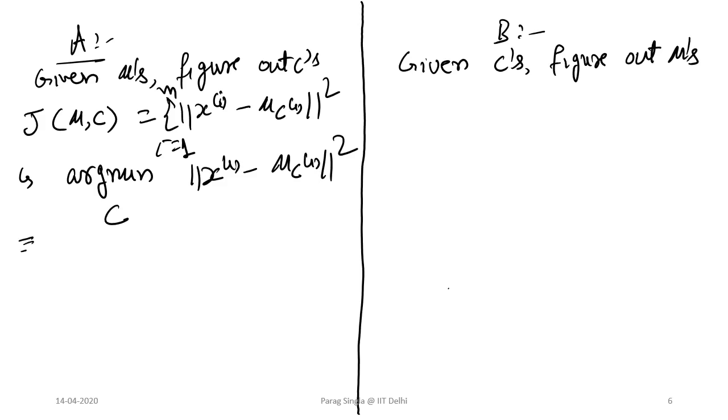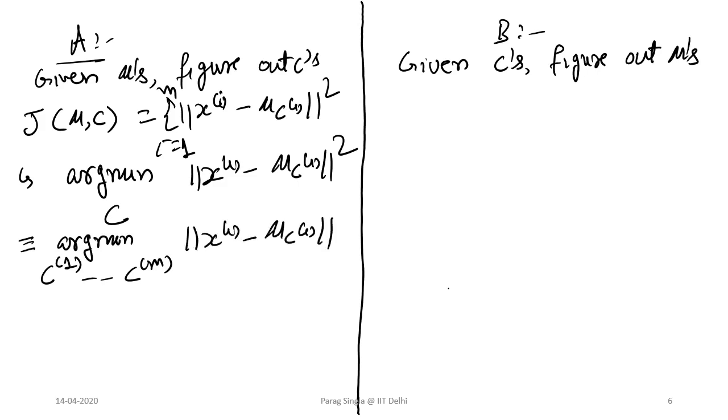This is equivalent to argmin over c1 up to cm of xi minus mu ci whole square, and there is a sum here all through. If you look at it carefully, the ci only depends on xi, which makes sense.